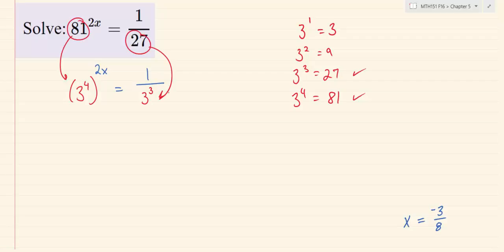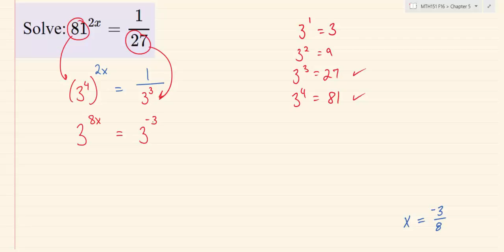Now let's employ those rules we talked about yesterday to simplify this. 3 to the fourth to the 2x is going to become 3 to the 8x power, 3 to the negative third power. So we're going to employ rule number 3 that we talked about, which is negative exponents reciprocate. The other way of saying that is if you reciprocate, you have to change the sign on your exponent.